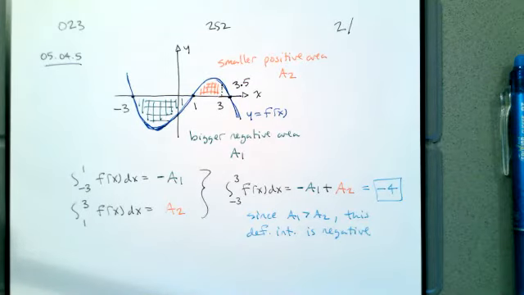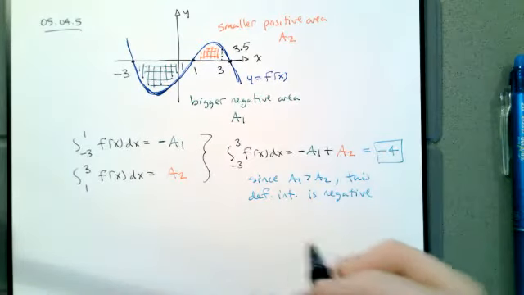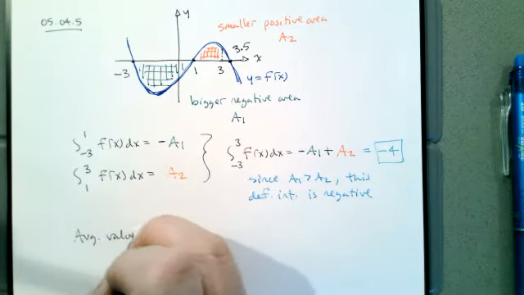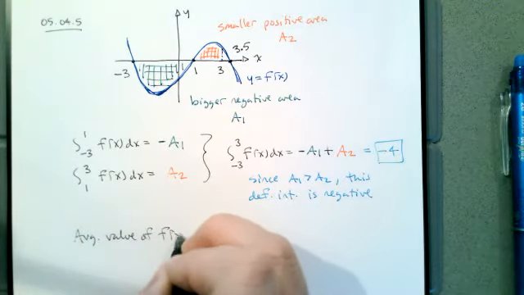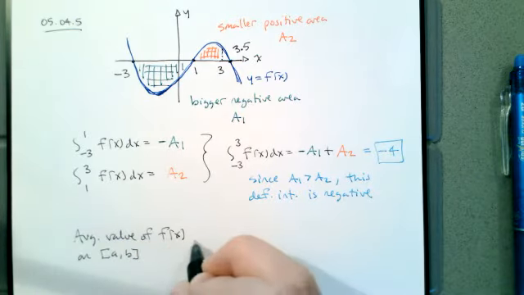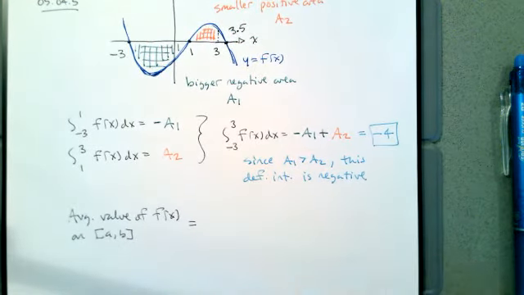more important, if we look at the following average values of f of x, if we think about averages, averages are where we add everything up and then divide by the number of things that are there. So if we look at the average value of a function f of x on the interval from a to b, what we do is the same thing that we do when we're finding the average of a discrete number set.